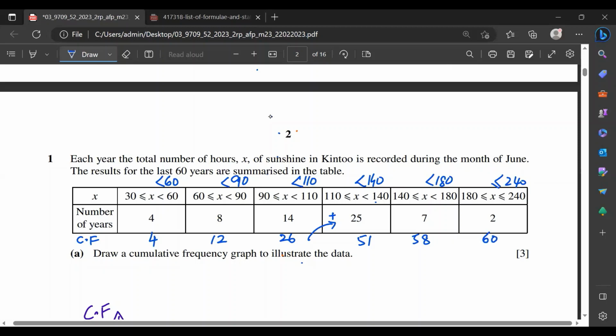And the lower class boundary of the first class is 30. How many readings are less than 30? What is the frequency less than 30? Nothing, 0.